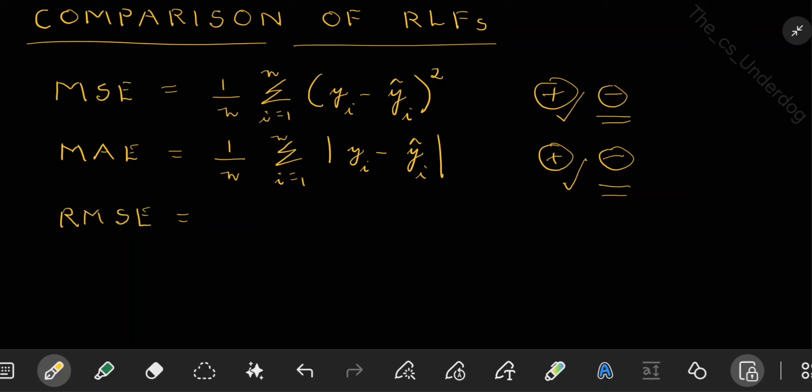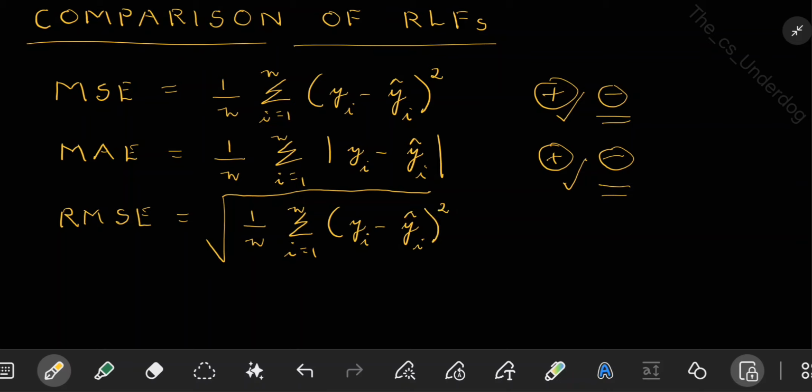What is the formula here? You just put a square root on this particular mean squared error formula. That will be the root of 1/n Σ from i=1 to n of (yi − yi cap) the whole square. So in this case, we had seen that we got some specialities of both.